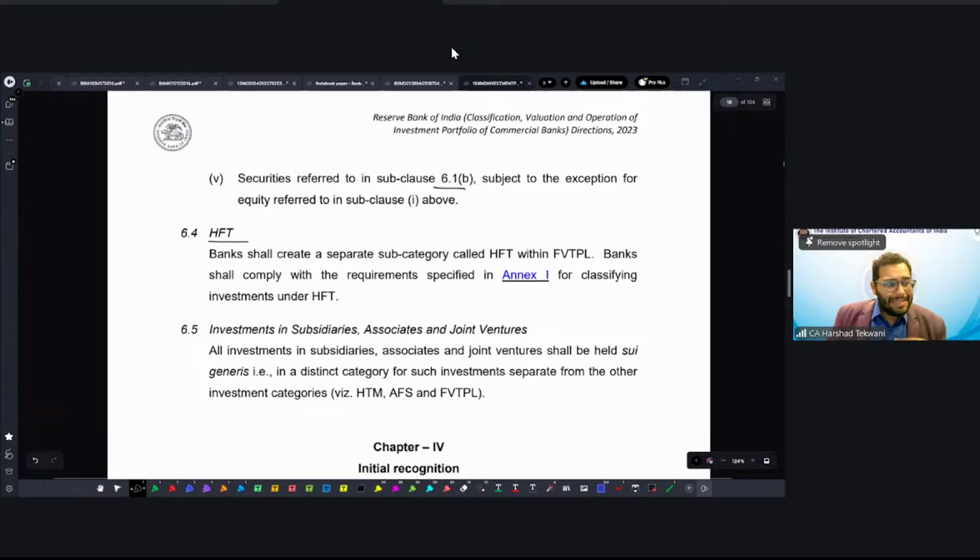So when we talk about investments, we need to understand how to value them. Now we will come to the valuation part. We were talking about categorization; after categorization, there is a requirement for valuation. How are these required to be valued? When we purchase, there is initial recognition, and when you subsequently want to measure, there is subsequent measurement.